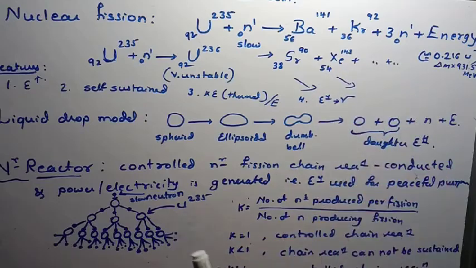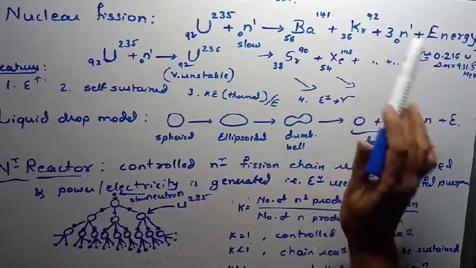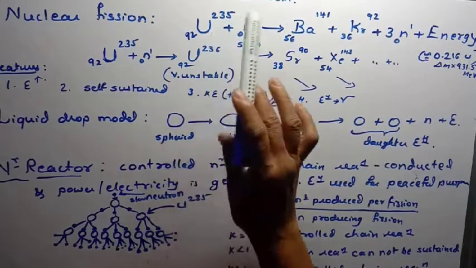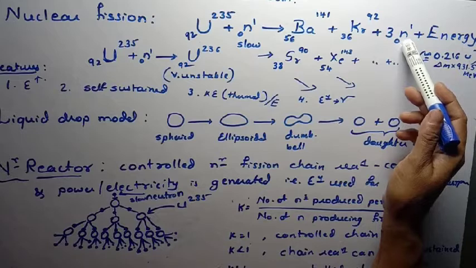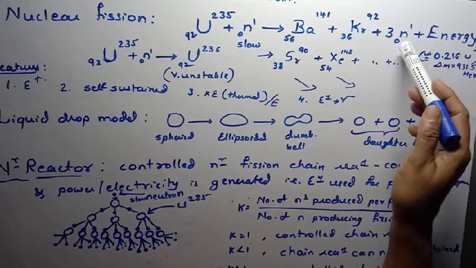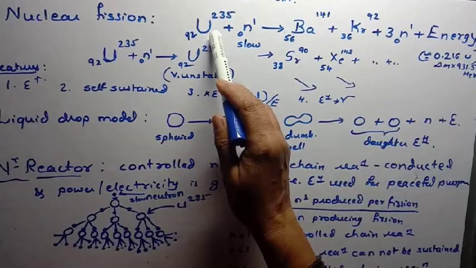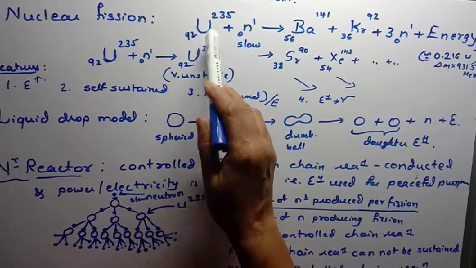Okay, so now this is the nuclear fission reaction where one nucleus is hit by one neutron. In the reaction itself, there is a liberation of three more neutrons, and each of them is going to bombard the available new uranium nuclei.